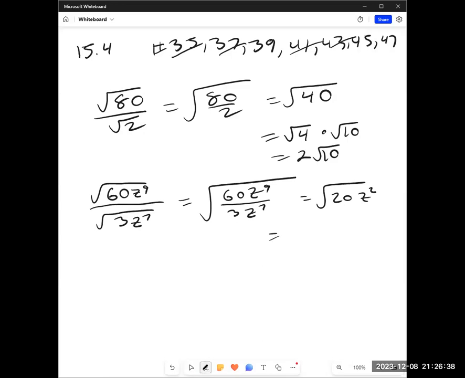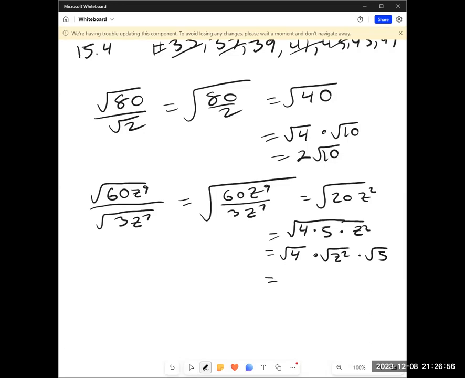This is going to be 4 times 5 times z squared, which is the square root of 4 times the square root of z squared times the square root of 5. I'm just pulling out all the pieces that are perfect squares here. And that gives me 2z root 5. Again, I'm assuming that z is a positive real number, but if it wasn't assumed to be so, I'd have to put absolute value bars around z.